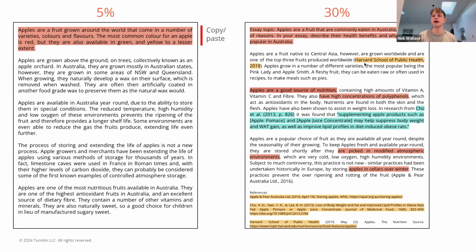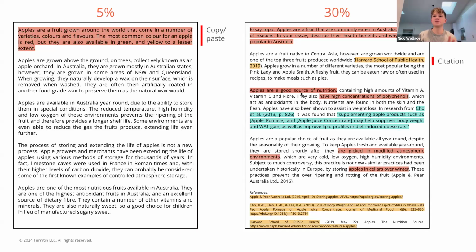Next, we have a match over a citation. So the Harvard School of Public Health, 2019. Citations commonly show similarity matches because it is highly likely that another student somewhere in the Turnitin database has also included those exact words as a citation. So they're typically nothing for us to be of concern, and we can continue on.